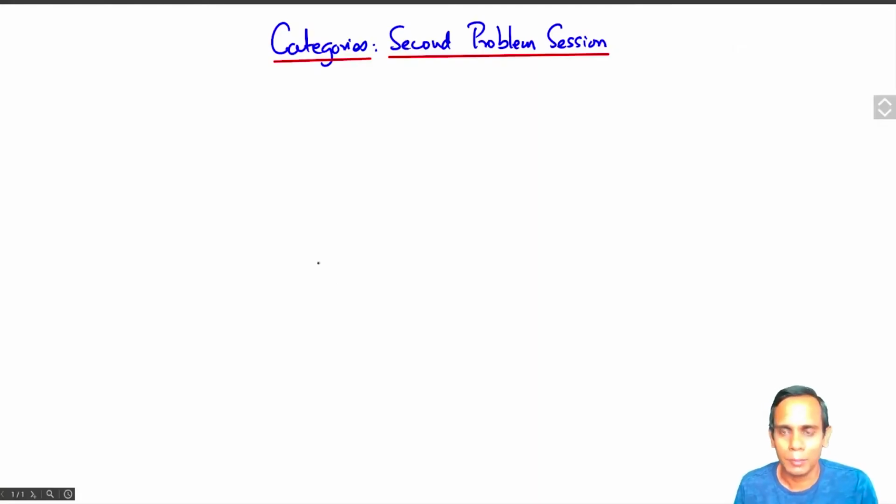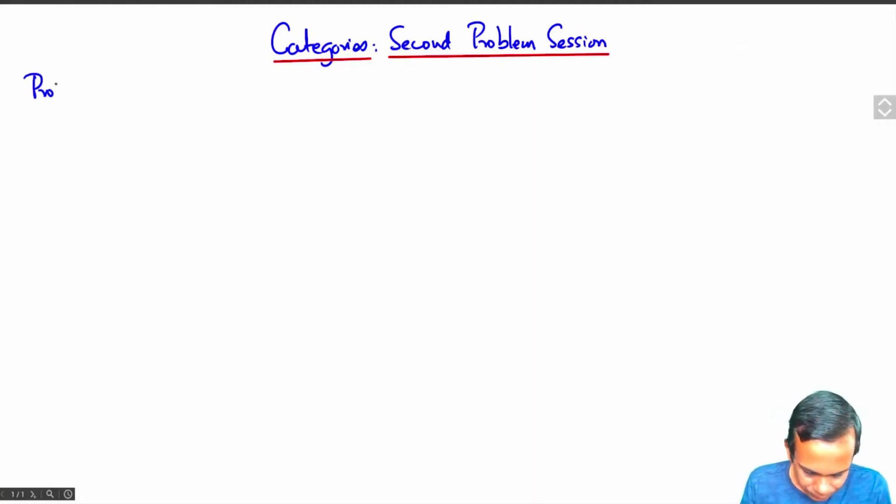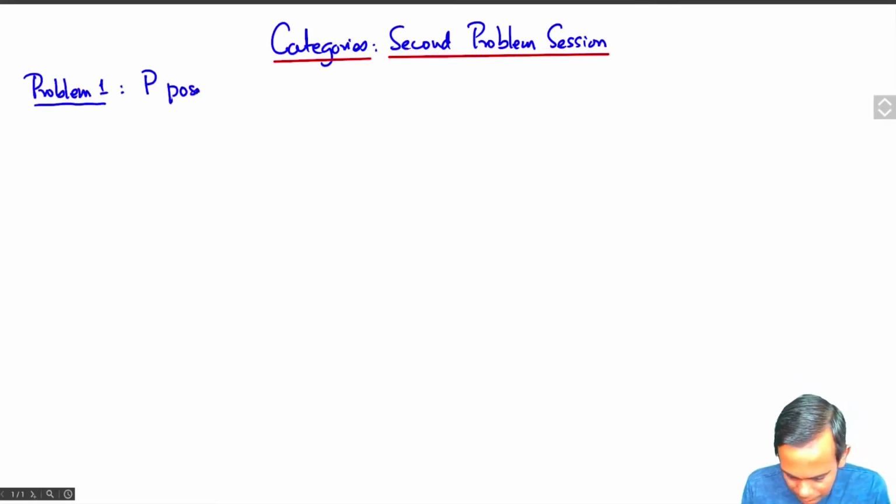Let's solve some problems. Suppose we have a poset P and script P is the associated category.